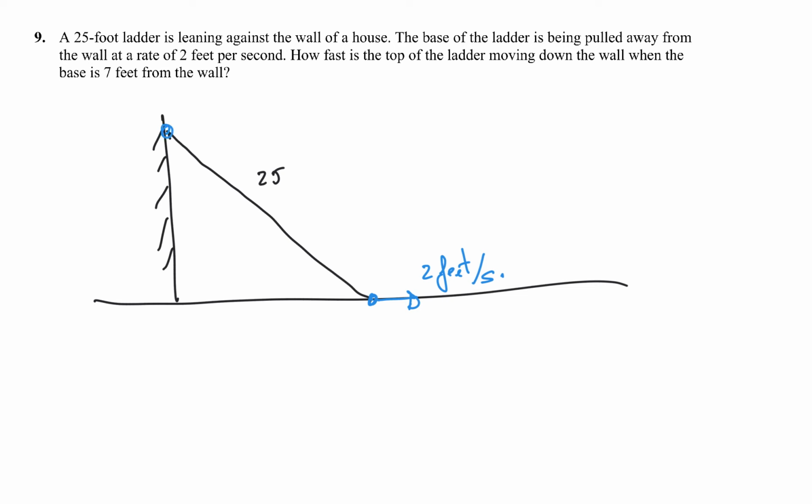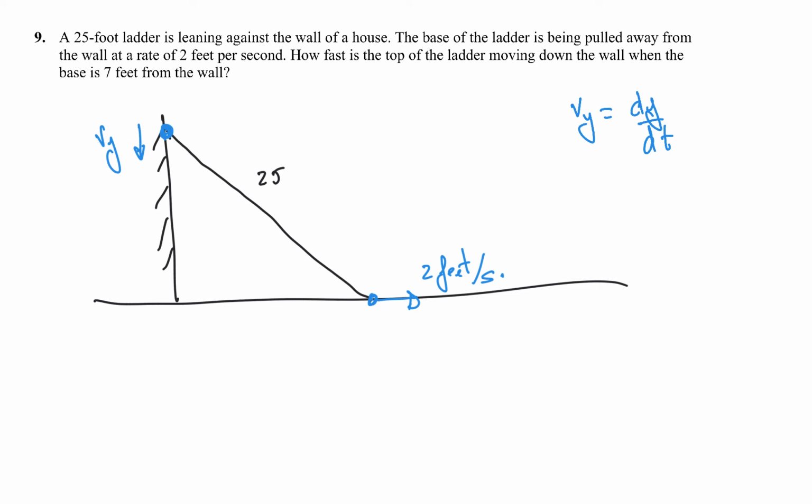And when it moves, this point will move with velocity v sub y. The velocity v sub y is the derivative of y with respect to t, the change in the y position of this point with respect to t.